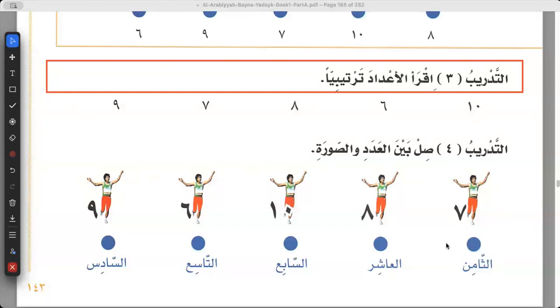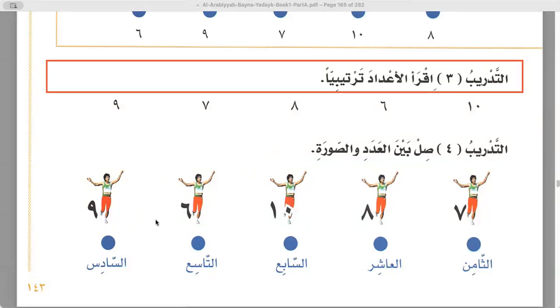Number 277. Are you there? Number 277. Okay, number 288.